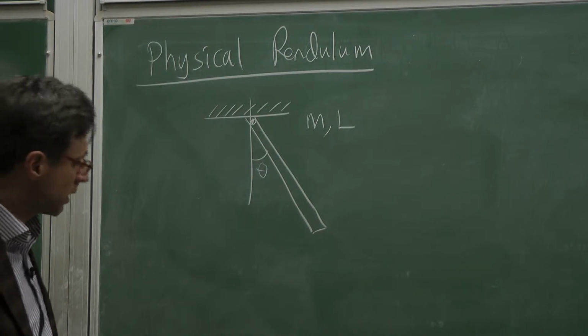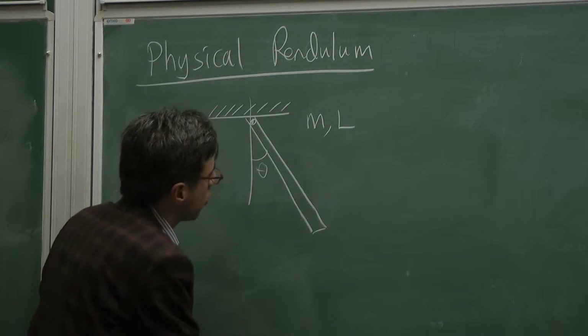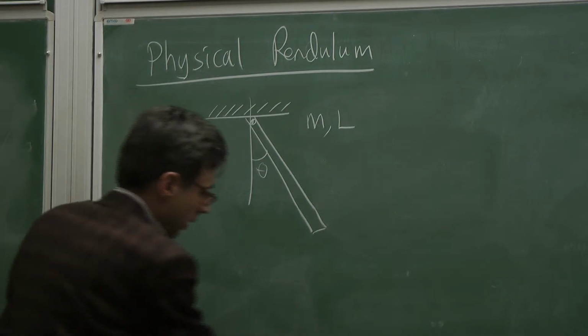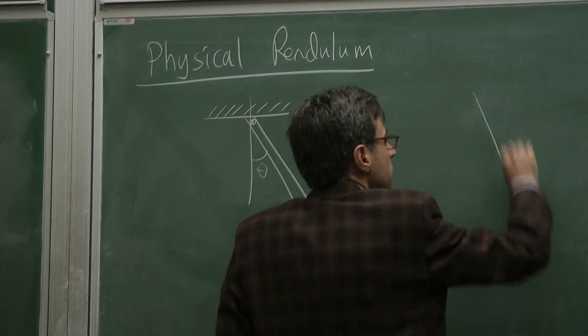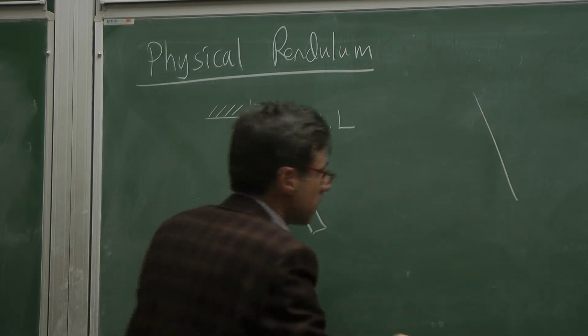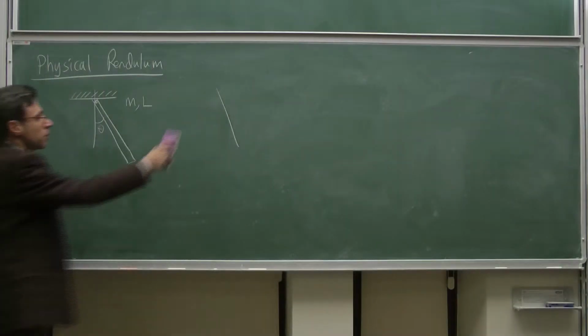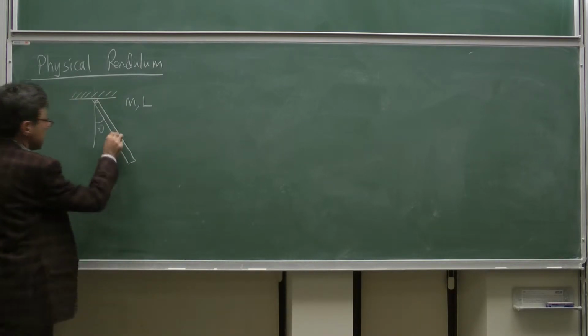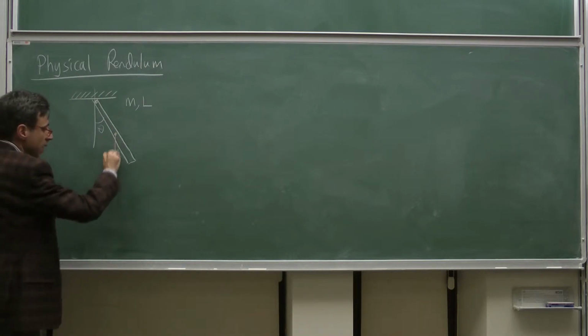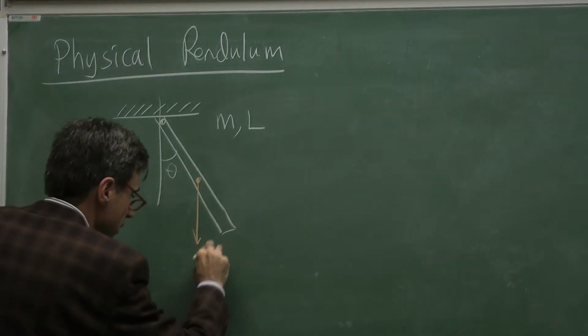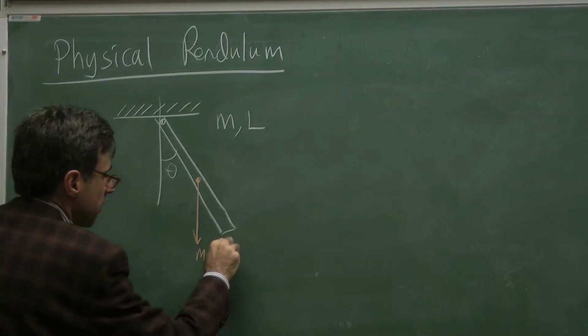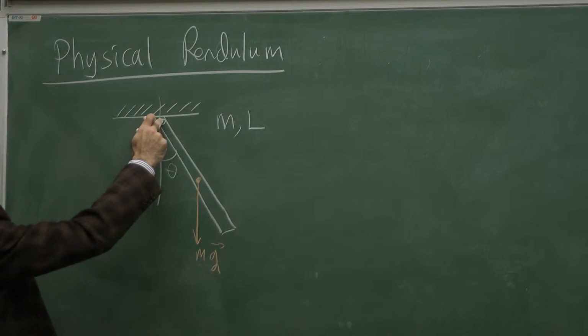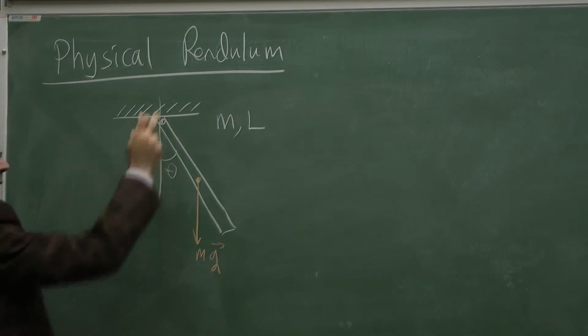In order to study that problem, we need to draw the free body diagram. This is the free body diagram. We can use the same figure. The only external forces acting on the rod are mg, the weight, and the force acting on the rod through the pin.